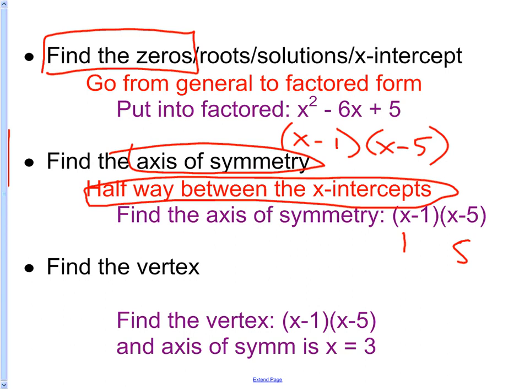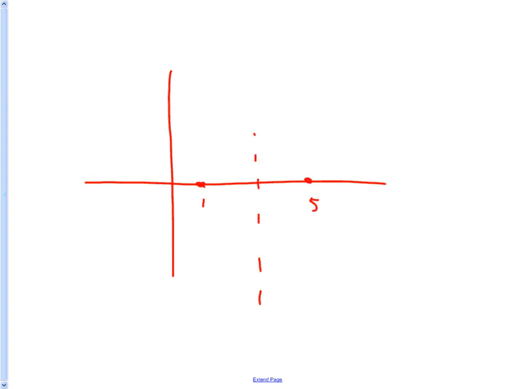Okay. So then if I've got this line that runs right down the middle of them, now I can figure out the vertex from that. It's at 1 and 5, here's 1, here's 5, this line's at x equals 3.